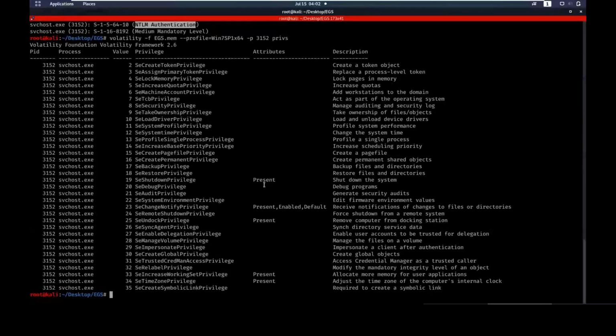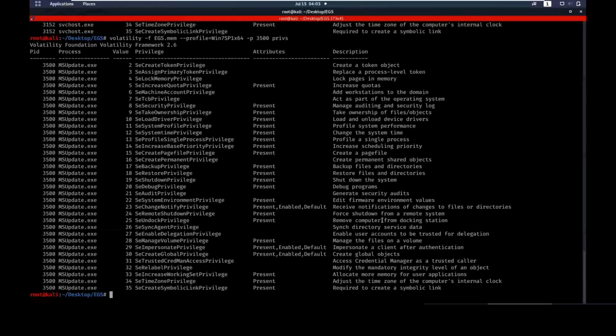Because this is a sophisticated malware created by us, you cannot see that many privileges. If I go for the process ID of 3500, which is msupdate, just to show you an example of a bad privilege, you can see here force shutdown from the remote.